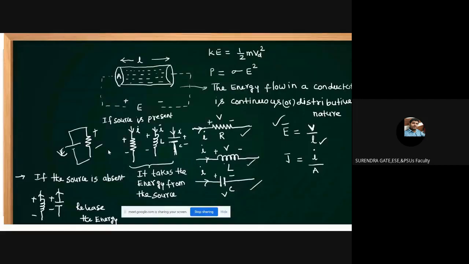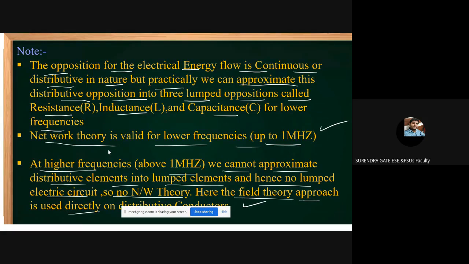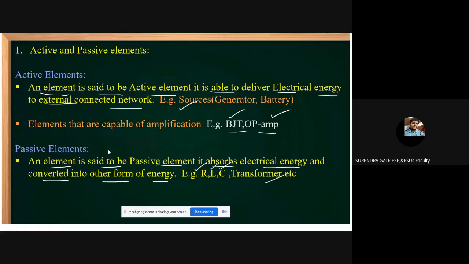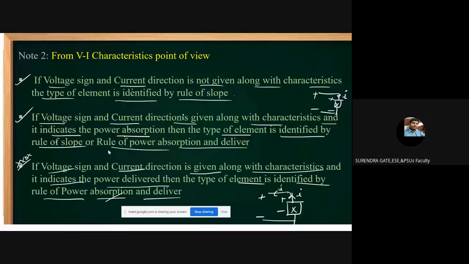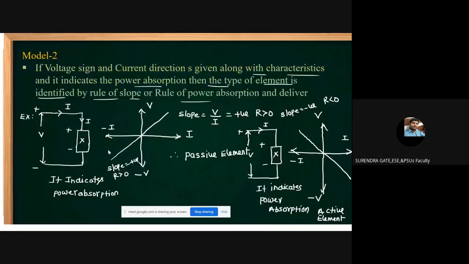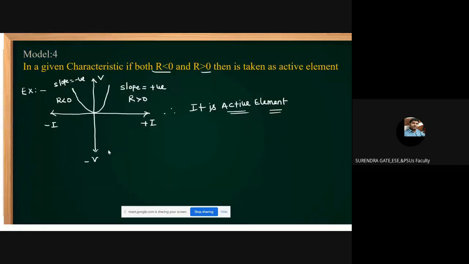I discussed why this opposition is represented by resistor, inductor and capacitor, and this is the historical view. Please concentrate. These are the types of network elements. In the types of network elements, I discussed active and passive elements, and from the VI characteristics point of view, how to identify active and passive elements. I discussed 4 models of problems.